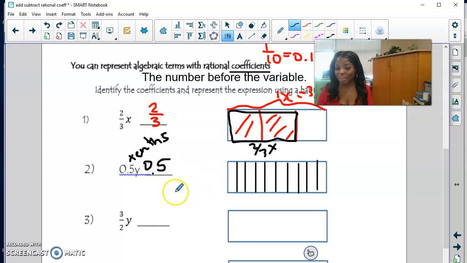Okay, 0.5 is the coefficient, and our entire bar is what? Close. 10/10. Nice job. So our entire bar is going to be 10/10 y, which is 1y, which is equal to 10/10. Now, why did we say 10/10?